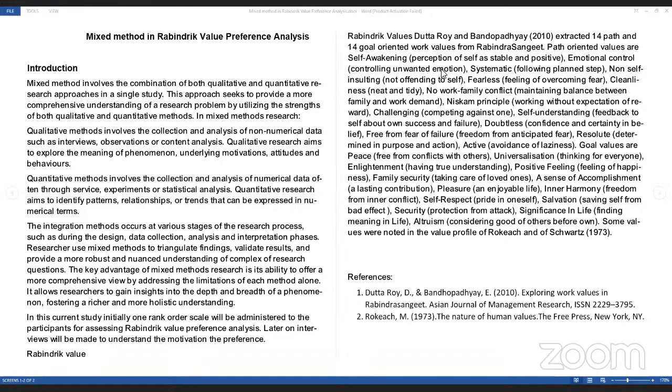Next section is the results. In the results section, you can check the rank difference between the two. And next, you can show the rank order correlation between the two sets of ranks.